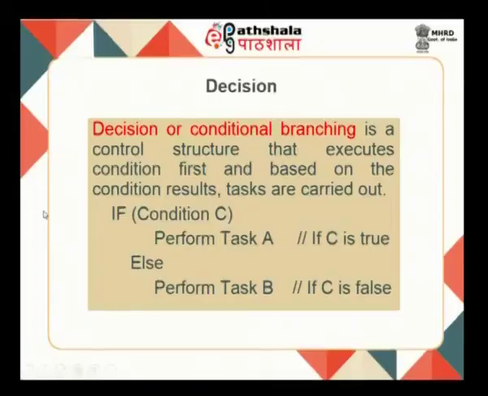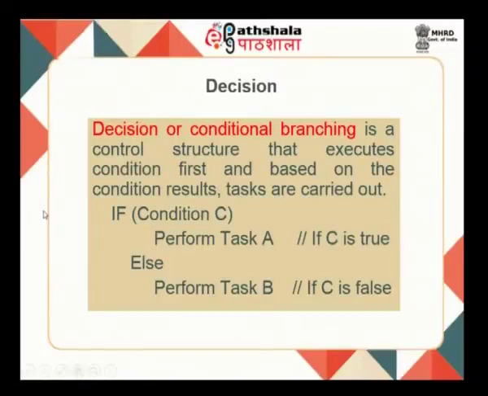The second control structure is called decision. Decision or conditional branching is a control structure that evaluates the condition first, and based on the result of the condition, the tasks are carried out. A sample decision structure is given here.